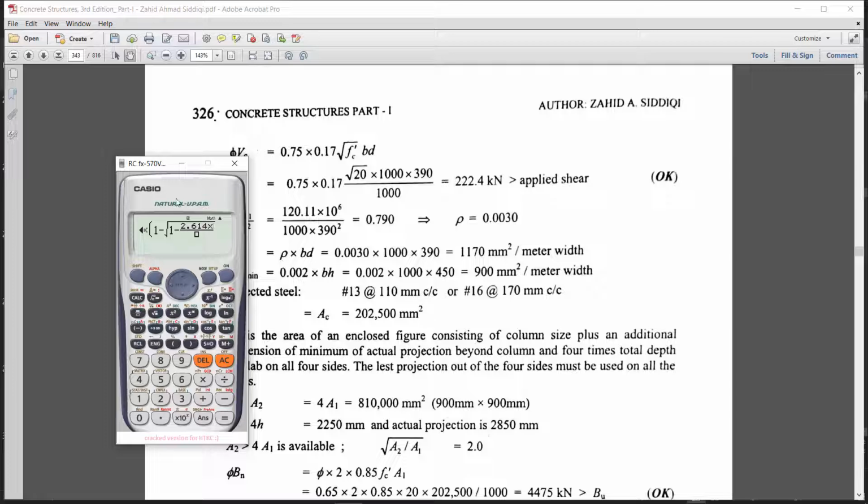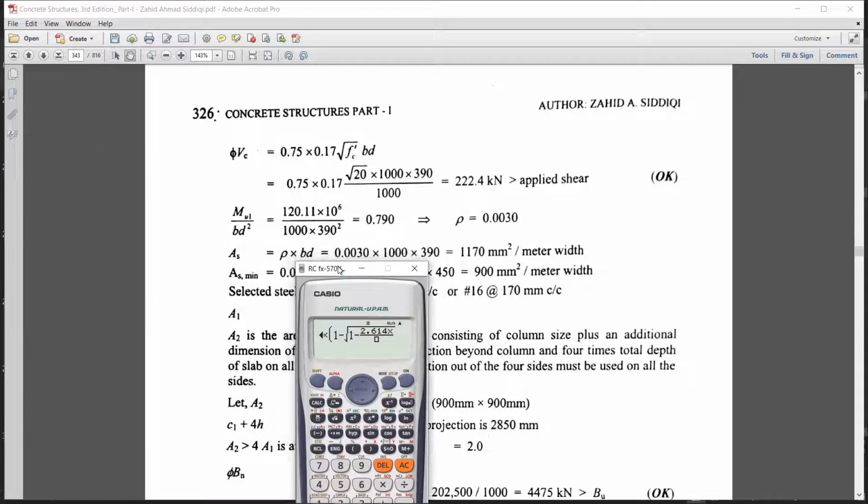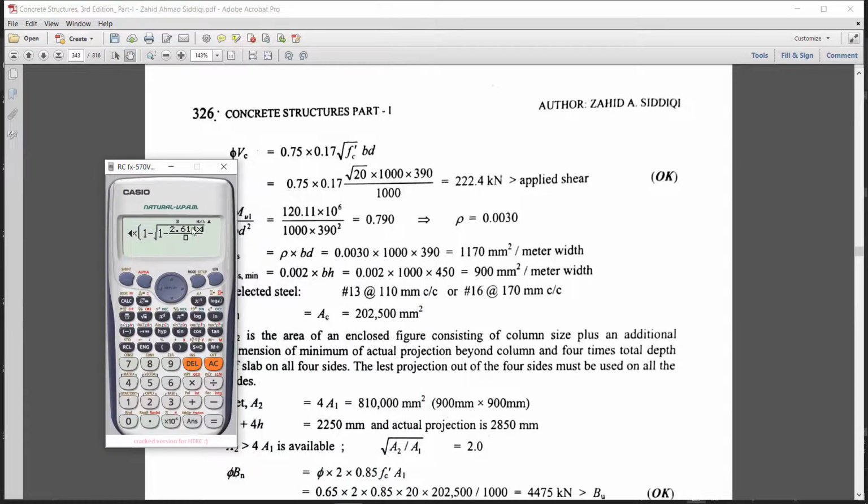Our moment is 120.11 times 10 to the power 6, divided by f'c times b d squared. Our b is 1000, d is 390. Square, close the bracket, enter.